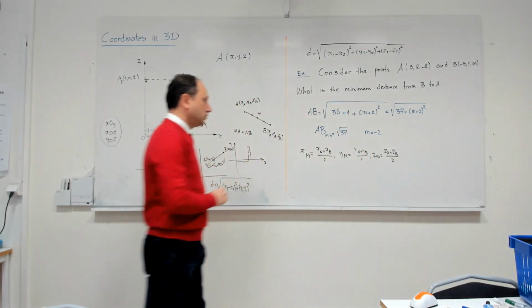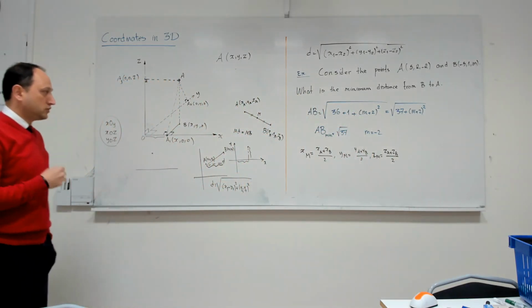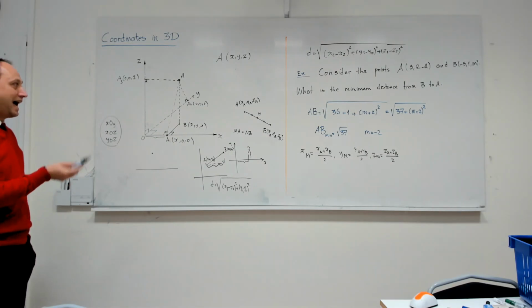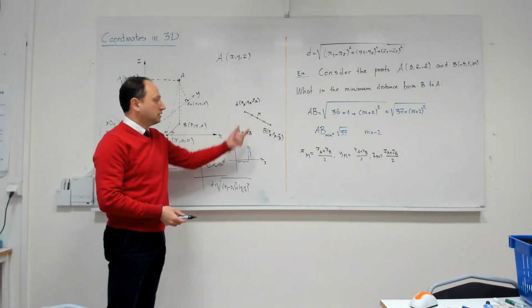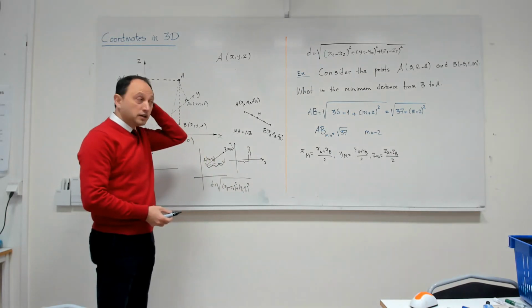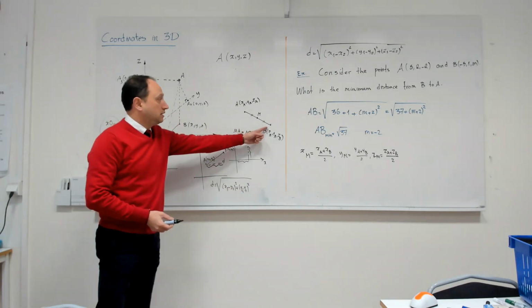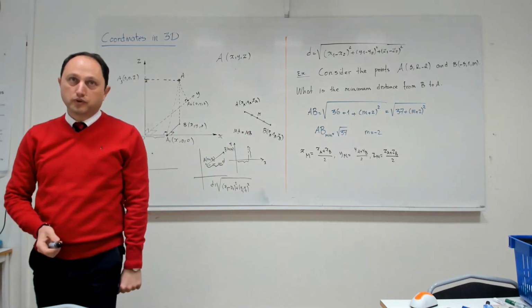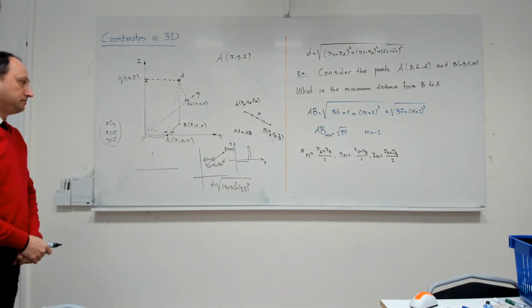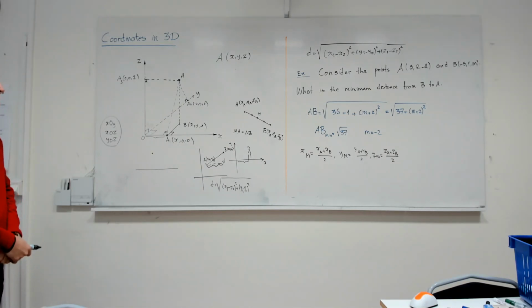So these are the coordinates of the midpoint. Don't get confused, this is not half of the line segment. If I ask you what is the half of the line segment, of course you can calculate AB and divide it by 2, but I'm asking you about the position of the midpoint. So these are the coordinates.